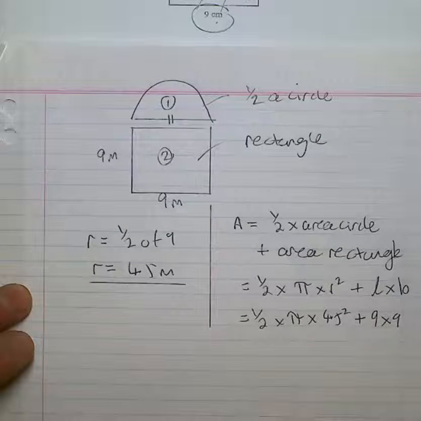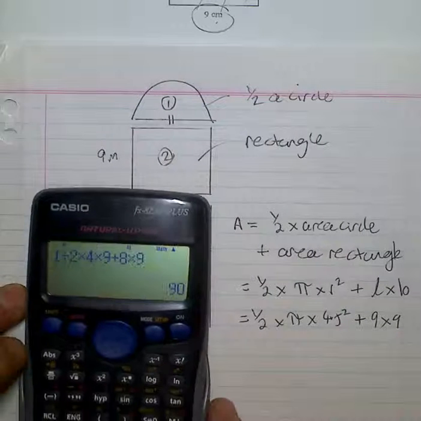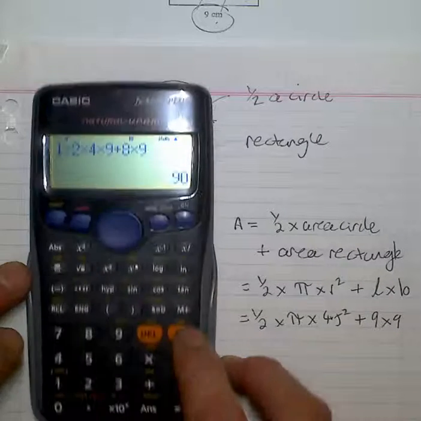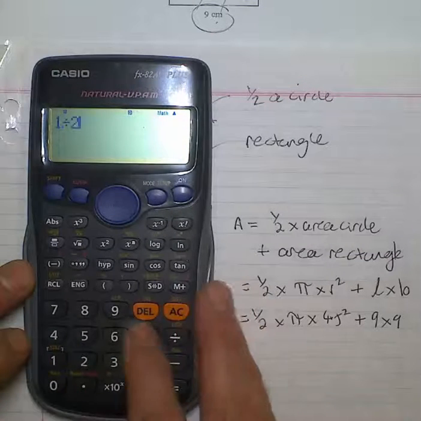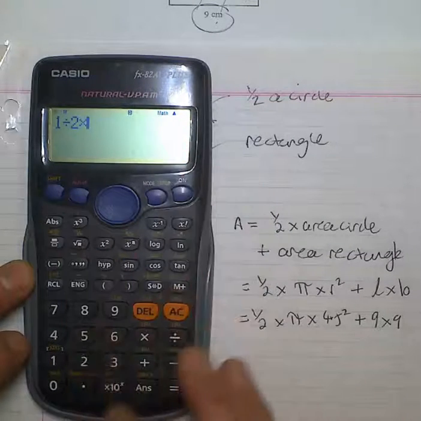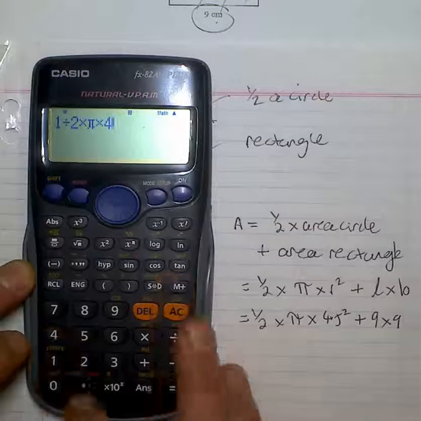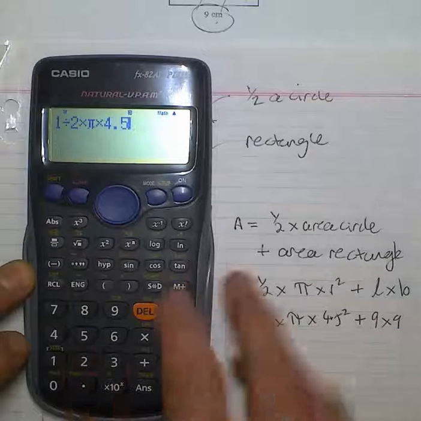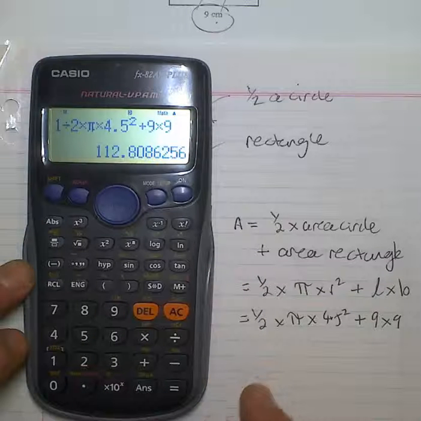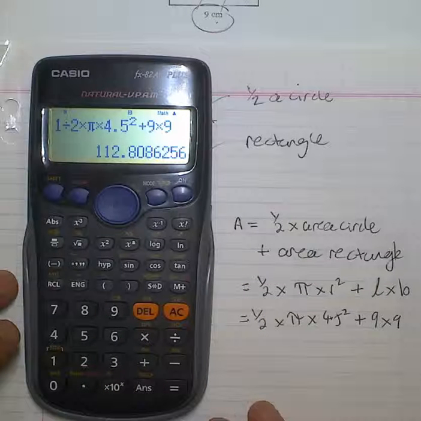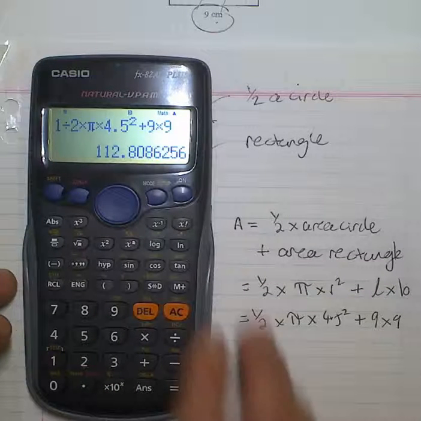Once again, I can put that straight into my calculator, remembering where the pi button is, and we can do it in one go. Gives me a total of 112.8 square metres.